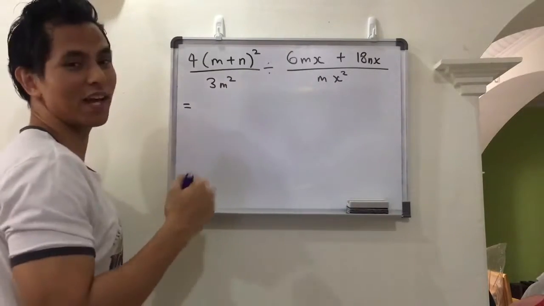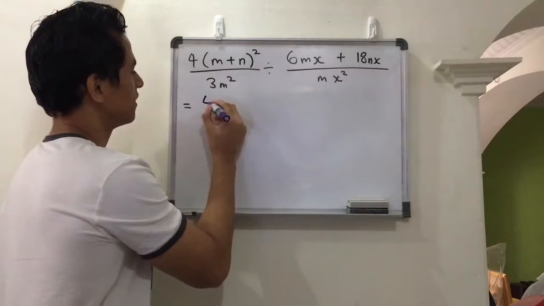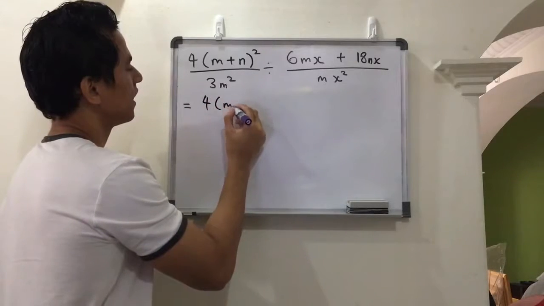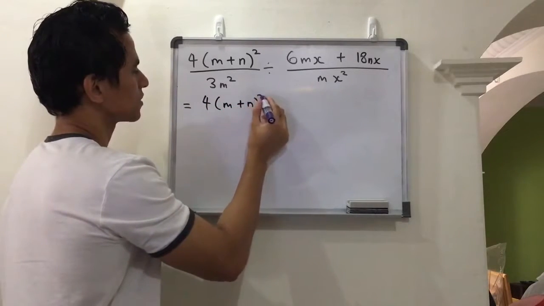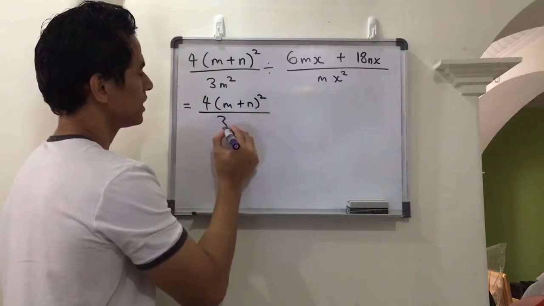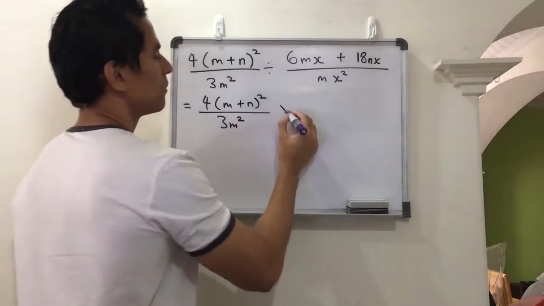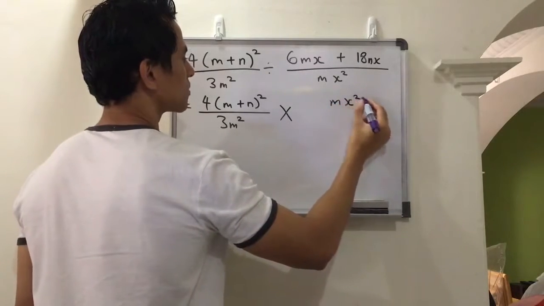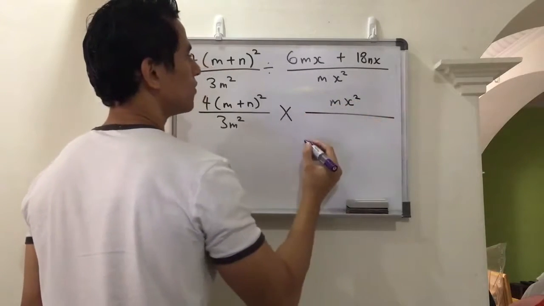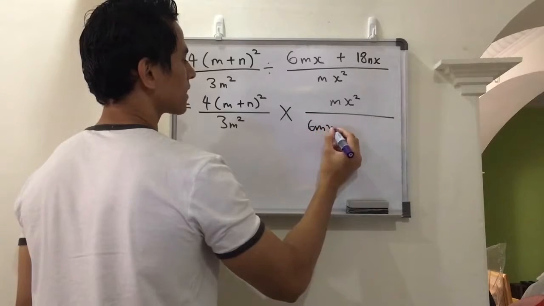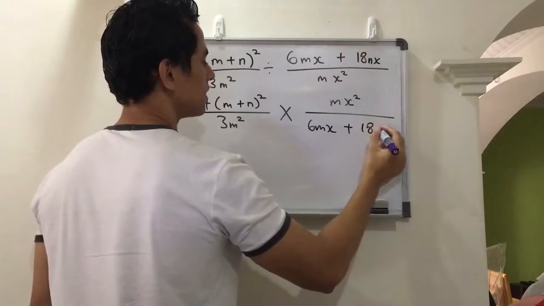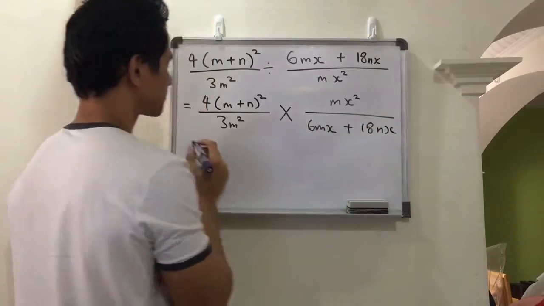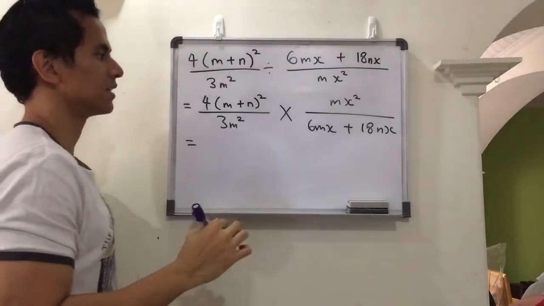And we go ahead and do that, and what do we get? 4(m plus n) squared over 3m squared multiplied by mx squared over 6mx plus 18nx, right? This is okay, it's fine.